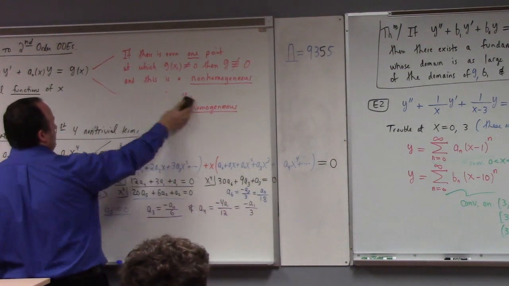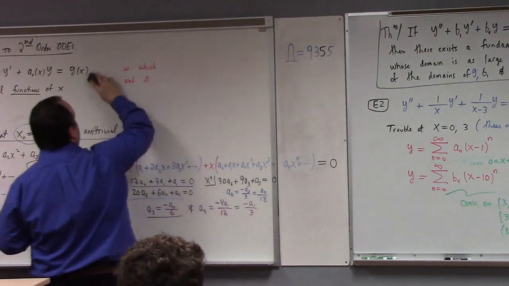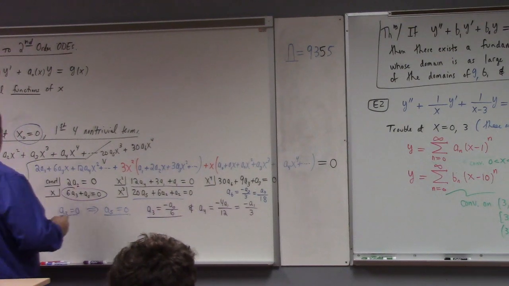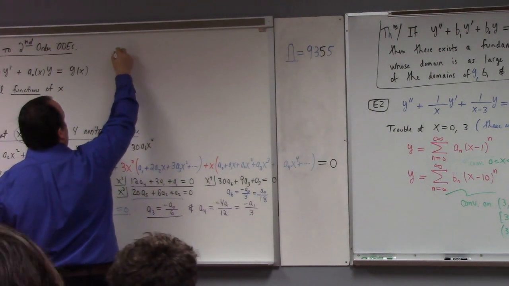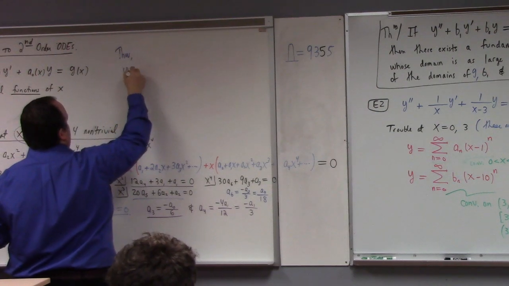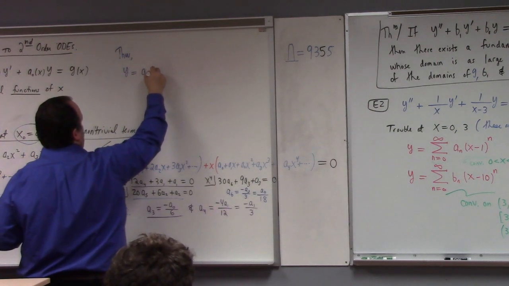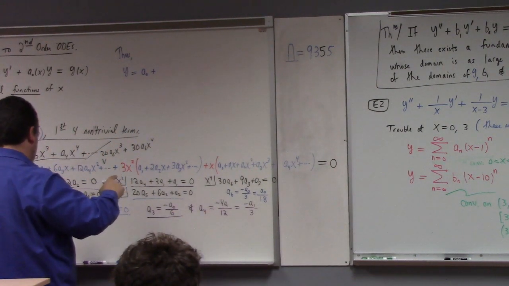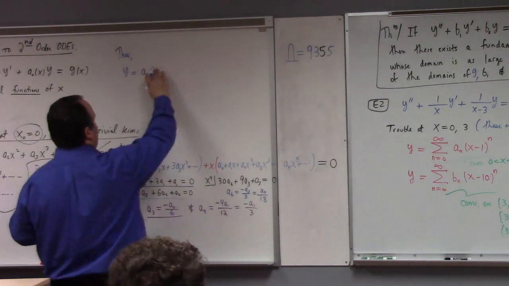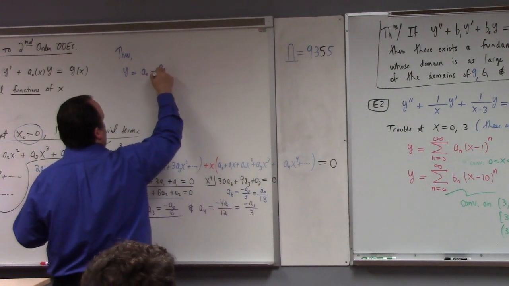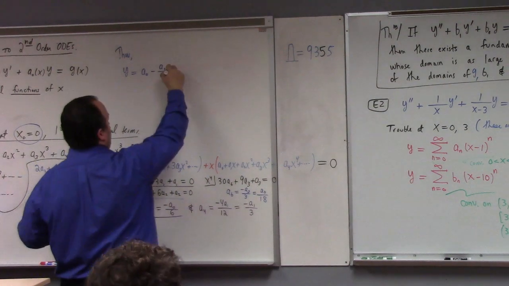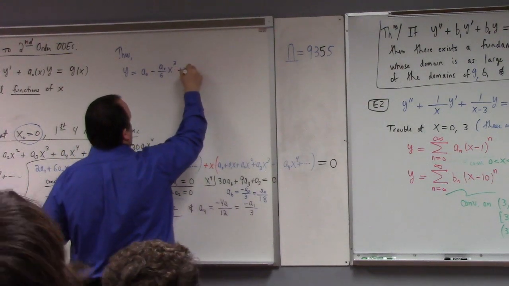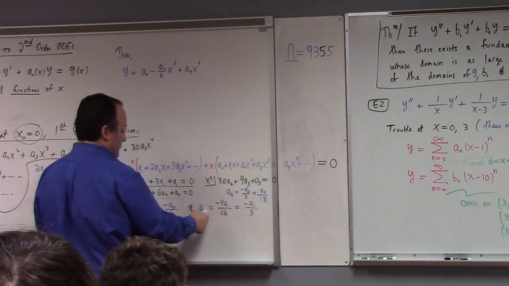So let's put it all together. I'm going to erase my homogeneous comment up there. So we find that y is equal to a0 minus a0 over 6 x cubed, and then plus a to the fourth, x to the fourth.